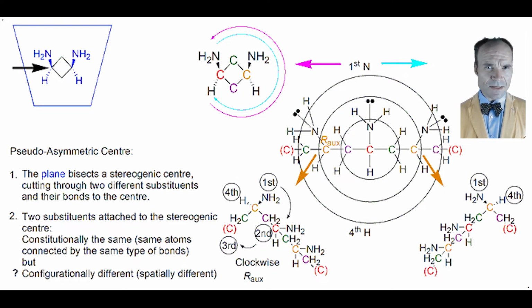So the right attachment is third priority, and the left attachment is second priority. The lowest priority is facing back, so it just remains to go from the highest to the second, then the third highest priority. This provides us with an anti-clockwise direction, which would ordinarily be denoted as capital S. But under these circumstances, as we just discussed, it will be capital S AUX.